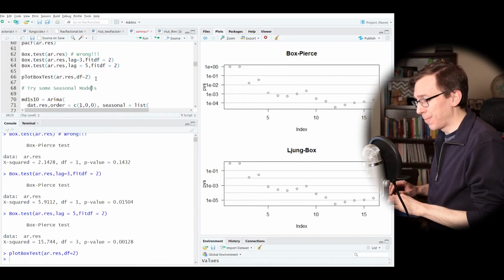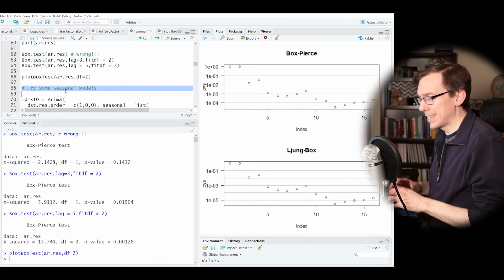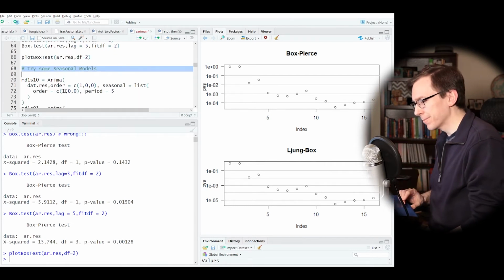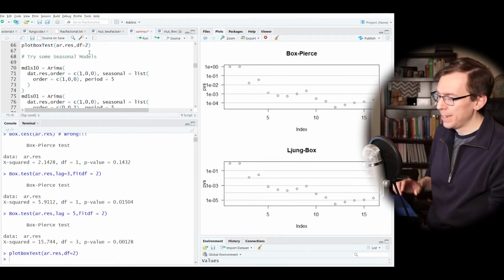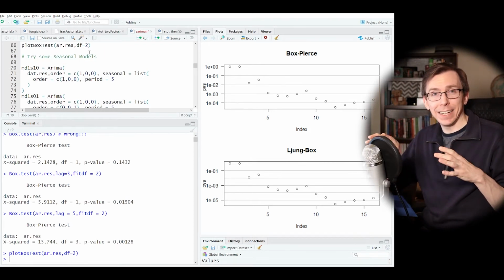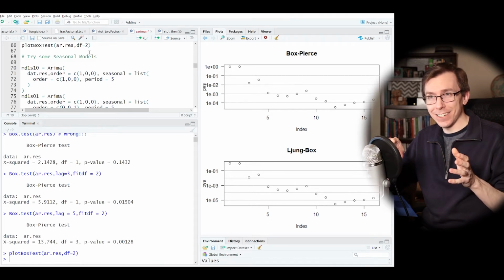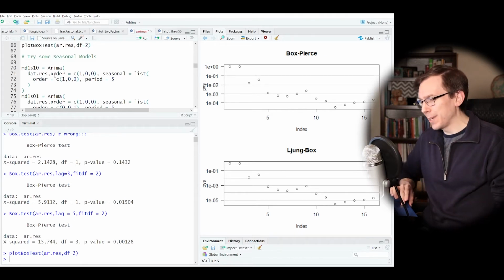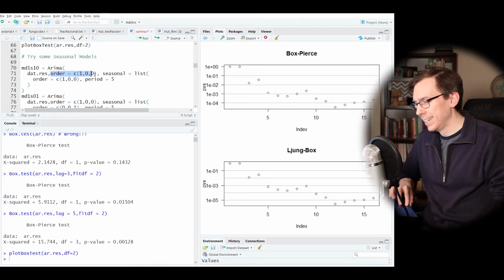So we're going to do what my comment says here and try some seasonal models. I'm going to keep the non-seasonal AR1 in my data, and that's what this first bit says: give me an AR1 process, not seasonal. And for the seasonal model, give me a seasonal AR1.